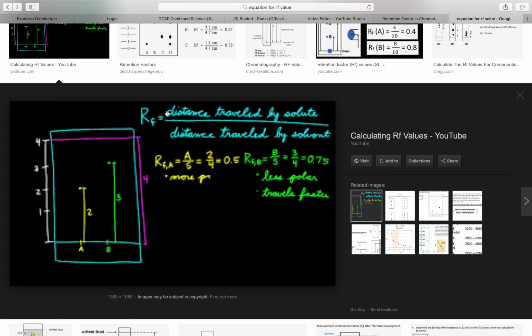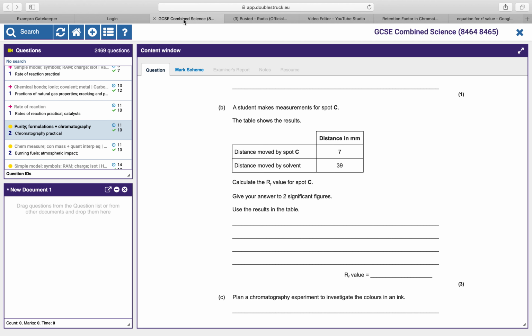Now, if you're unsure in your exam, for whatever reason, you can't remember what divided by what, just do the one that's going to give you a decimal number, because your RF value is always a number lower than 1.